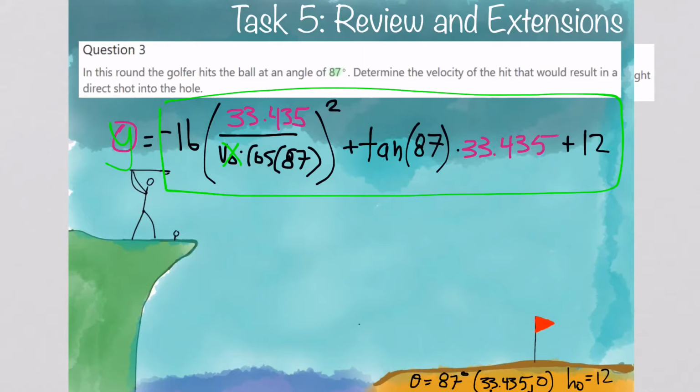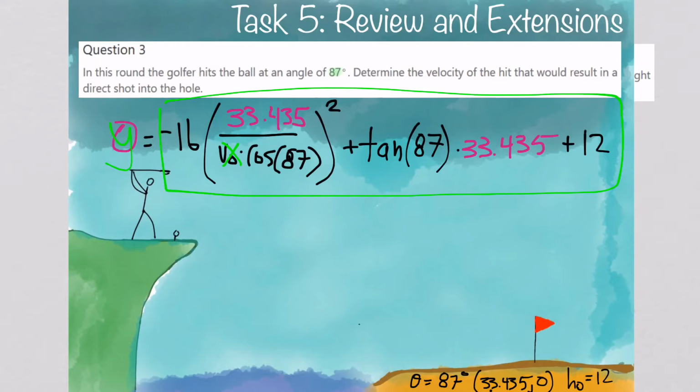I can then type my numerator, 33.435. I can go down to my denominator and type x times cosine of 87. Close that parenthesis, arrow over, close another parenthesis, and square that whole thing. Now I can add to that the tangent of 87, close my parenthesis, multiply that by 33.435, and then finally add 12 to that.